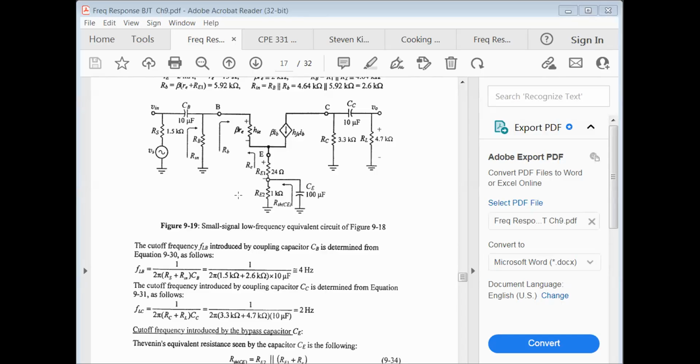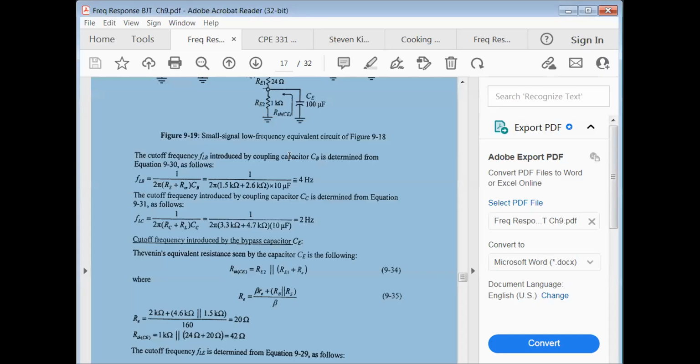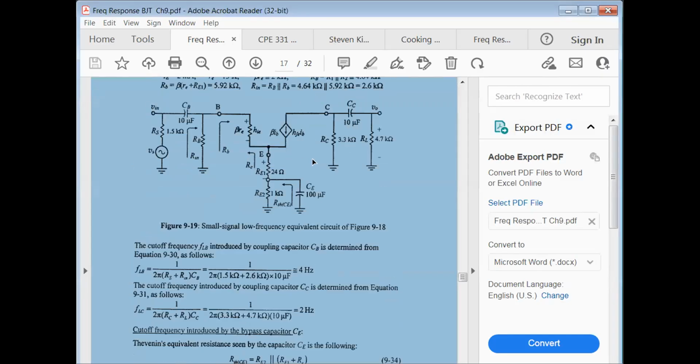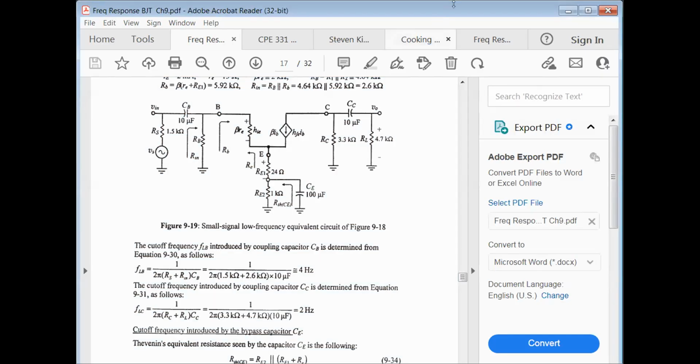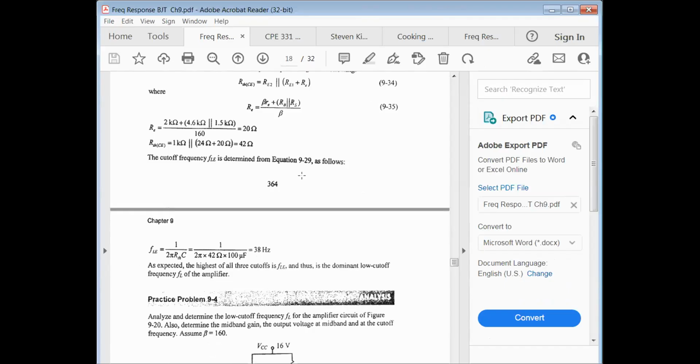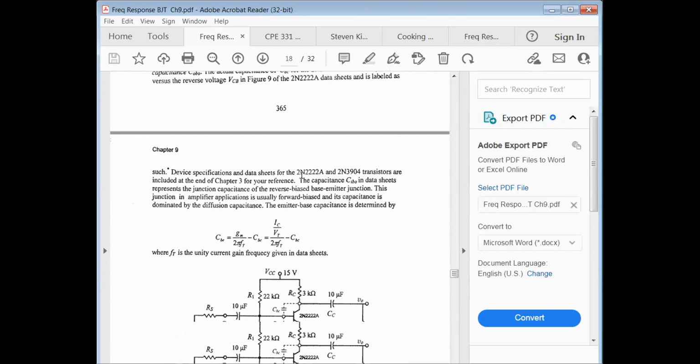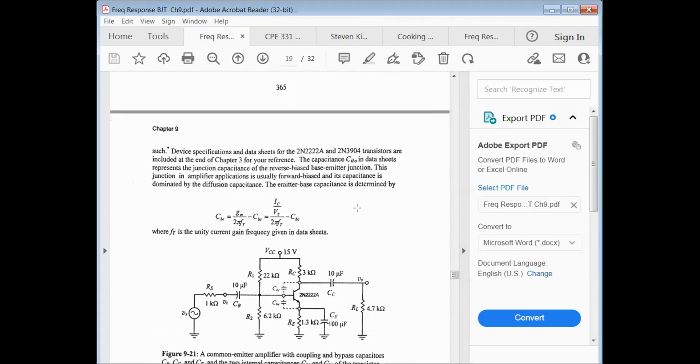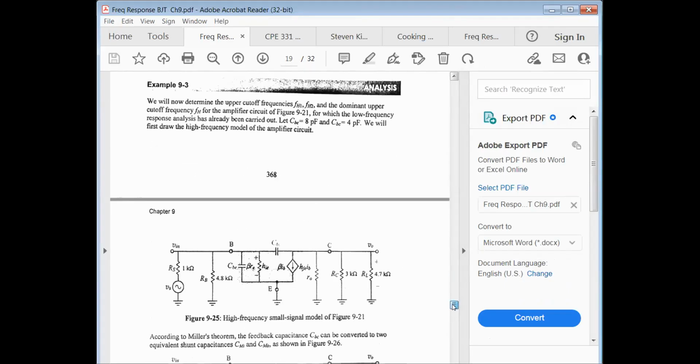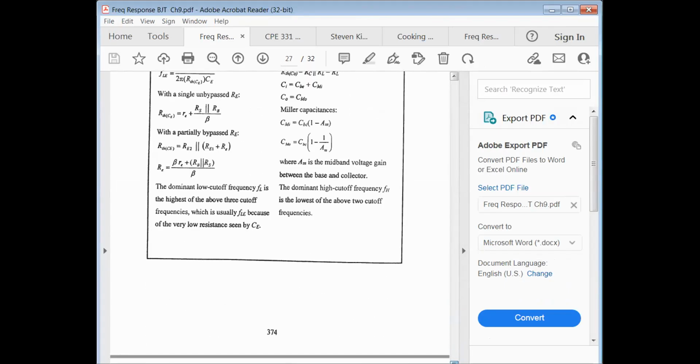So there's at the back in here in chapter 9, it gives you equations for these two cases. Let me scroll to that for just a second, and then we'll come back to the upper frequency gain. Here we go.